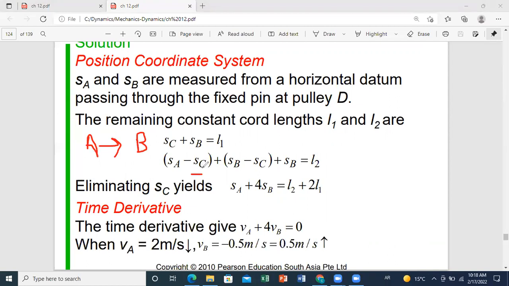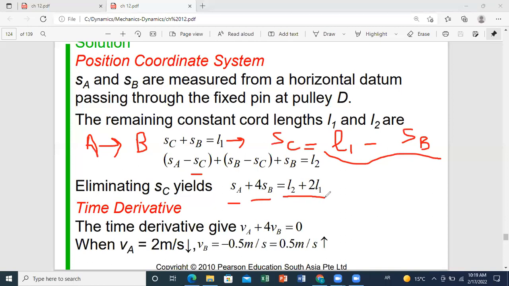So if you want to eliminate SC between the two, you can say that from equation 1, SC can be substituted by L1, which is a constant, minus S of B. And then when you replace in your second equation SC by this value and you develop, you will get that SA plus 4SB equals L2 plus 2L1, which is a constant.